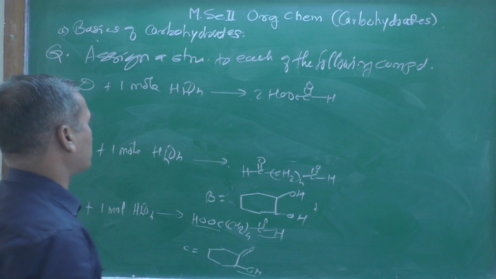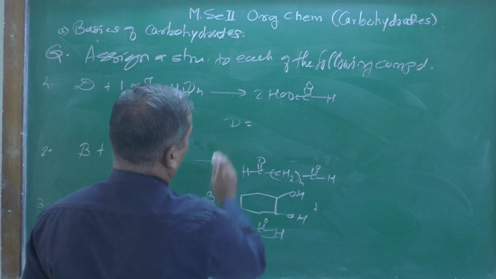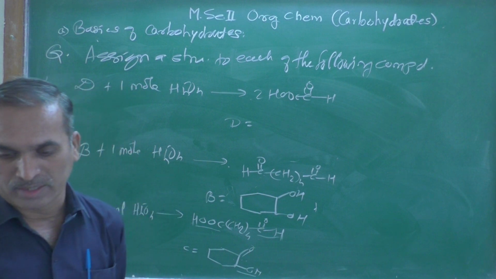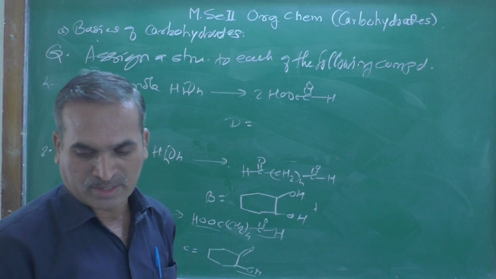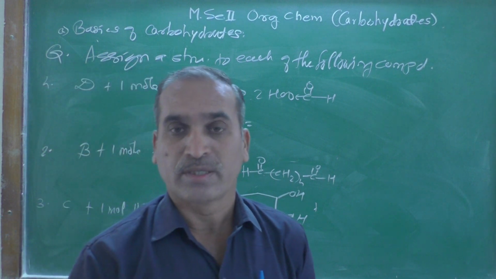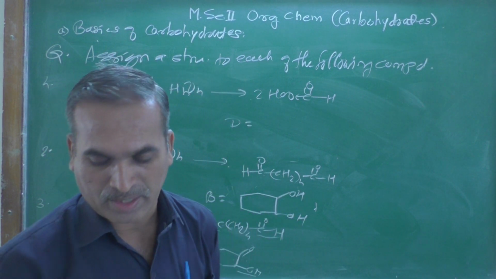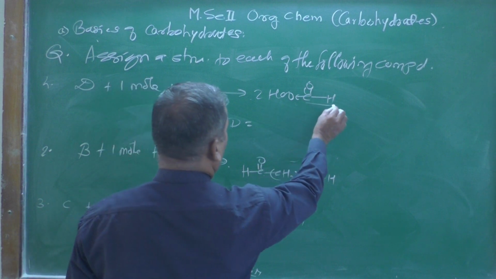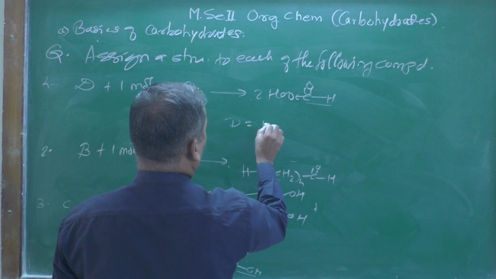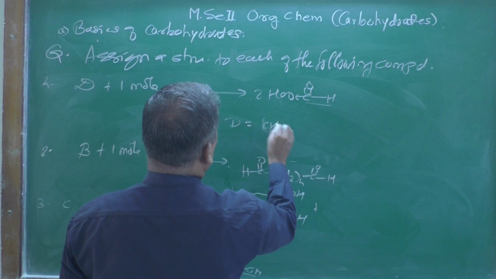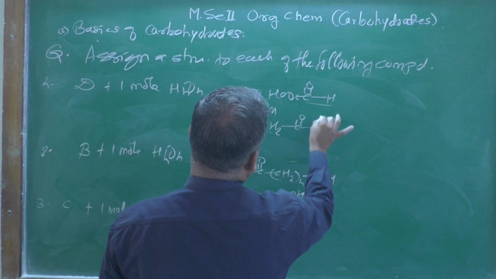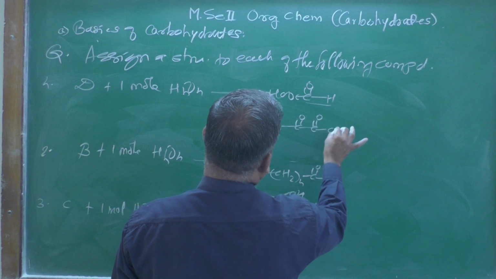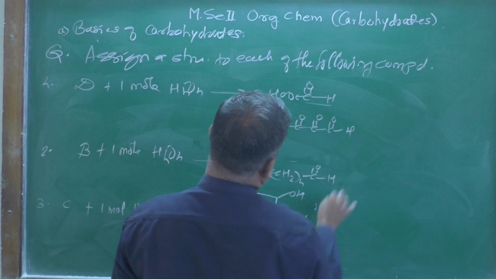So what could be the structure of D? The structure of that compound would be like this. Aldehyde means what? 2 moles are there. So here CH2OH, then C double bond O, then C double bond O, and C double bond OH.